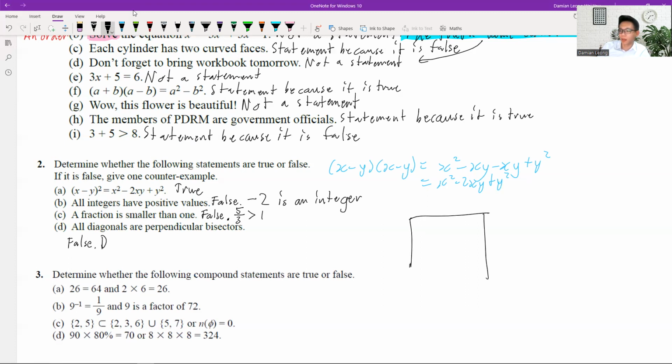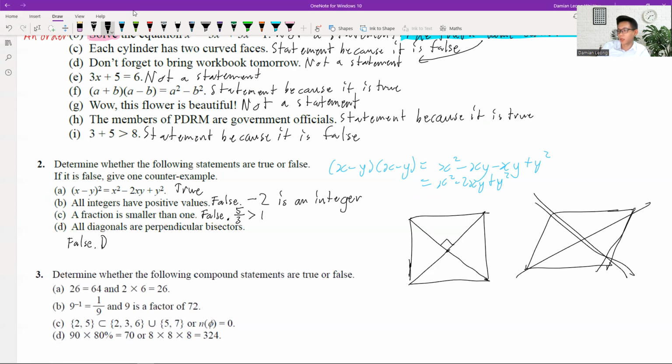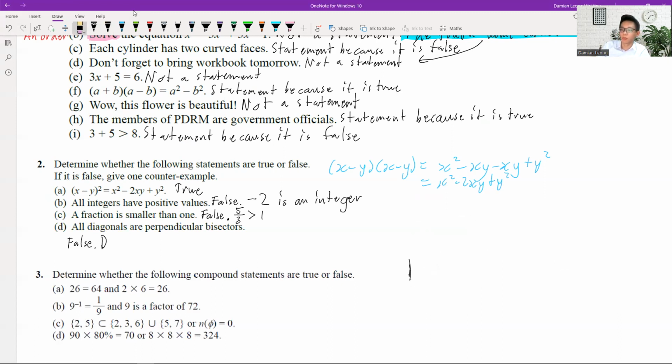Perpendicular bisector means 90 degrees and cut in the middle. So for a square, the diagonals here will be 90 degrees and cut at the center. For rhombus as well. This and this cut right in the middle at 90 degrees. But most other shapes wouldn't be.